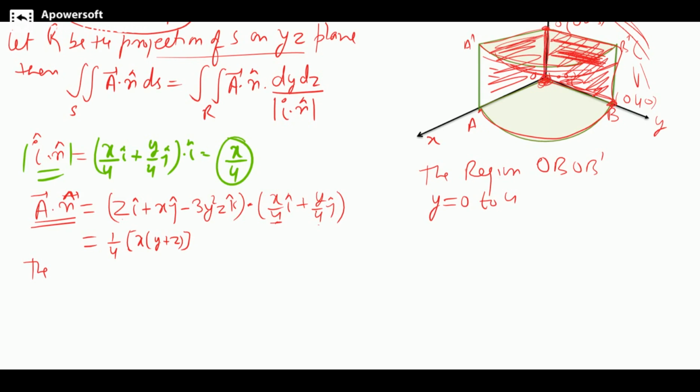Very simple, there is no need to find that. So we can say z varies from 0 to 5.